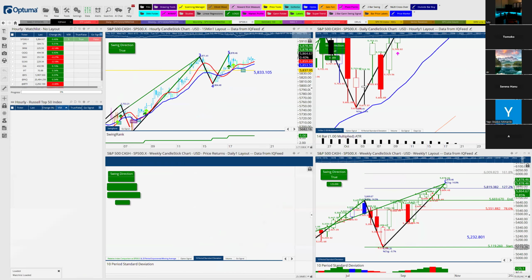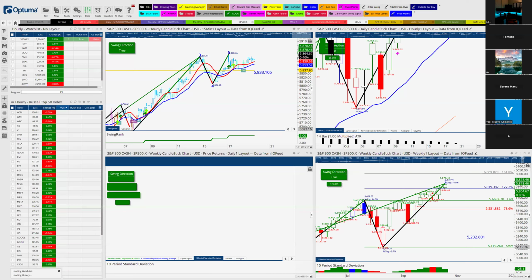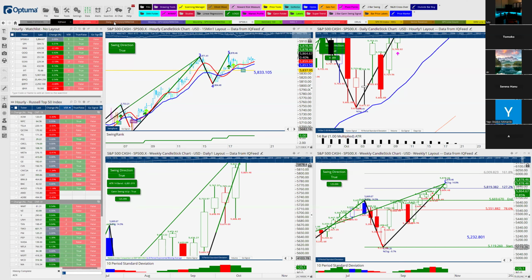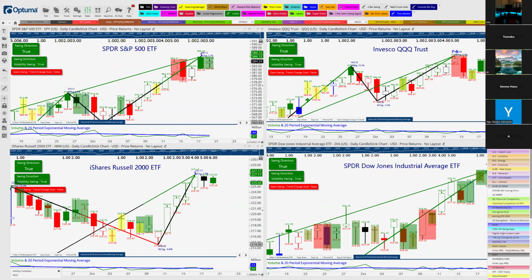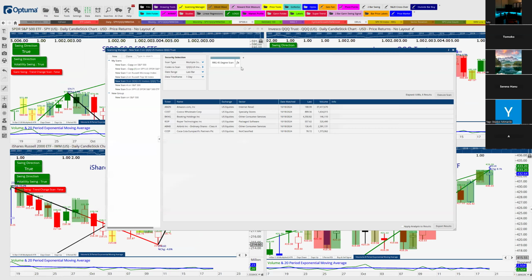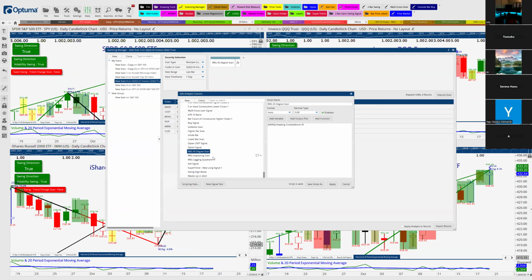Oh boy, I need this. Gonna pull up all these 50 year. Let's do some scans.